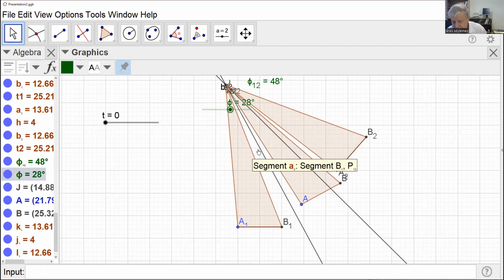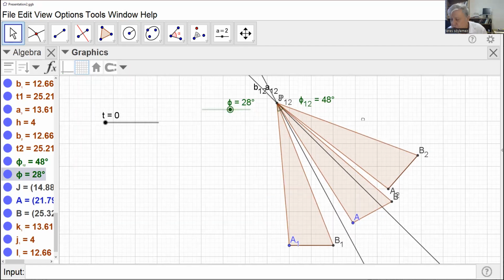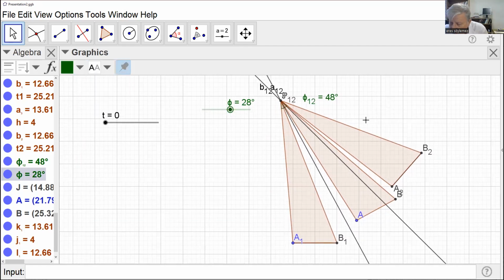But we have a problem. You cannot always do so. There are lots of reasons why you cannot move a rigid body by a pure rotation. Number one, there are cases where P12 is very far away, okay?